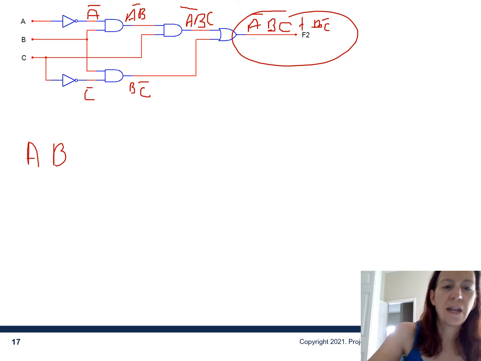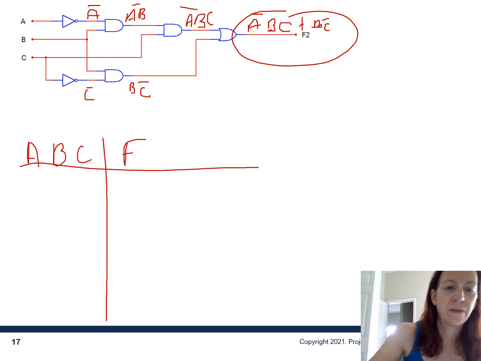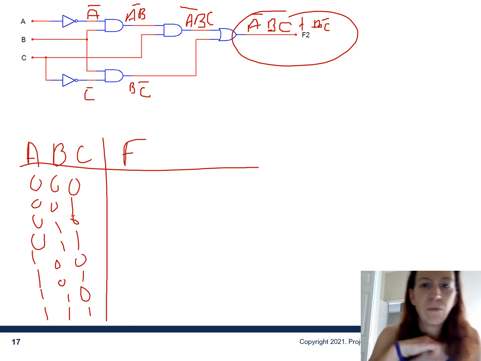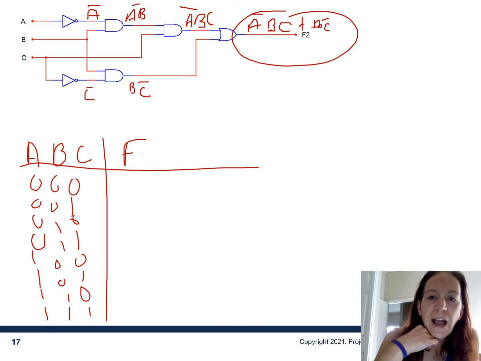And so we have A, B, C, so we have 0, 0, 0, 0, 0, 1, 0, 1, 0, 0, 1, 1, 1, 0, 0, 1, 0, 1, 1, 1, 0, and 1, 1, 1. And we need this to go high at, looking up here, 0, 1, 1.